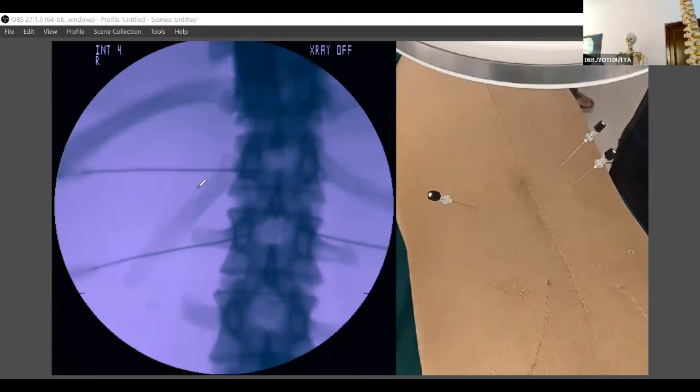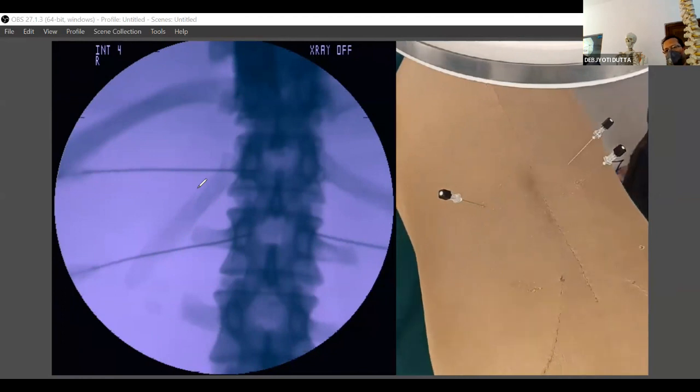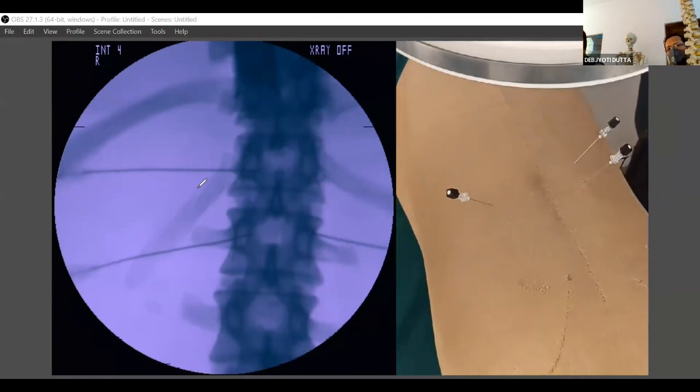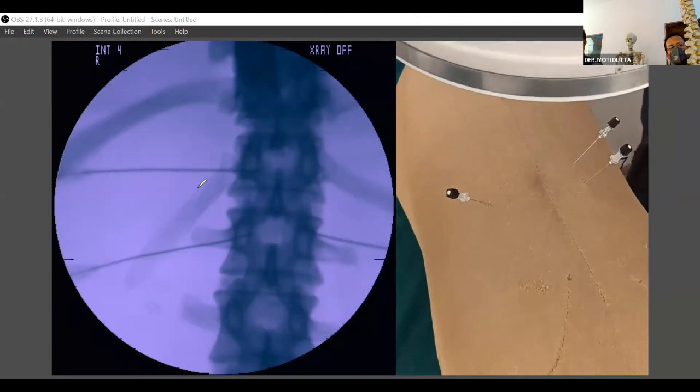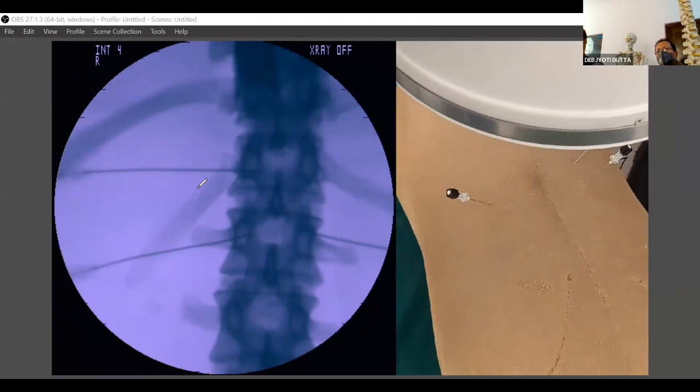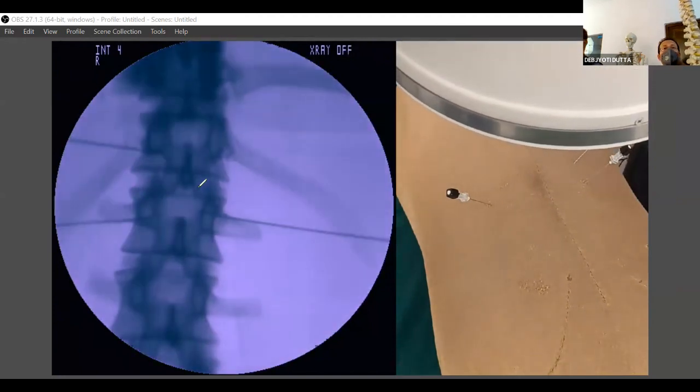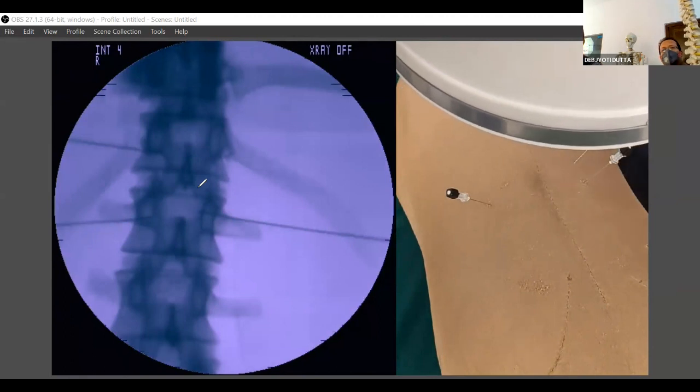So first again AP view, then end plate squaring. For the Kappis and the retrocrural approaches, I am not doing anything; I was having it just through AP view. That's all. So here I'll be squaring the end plate.